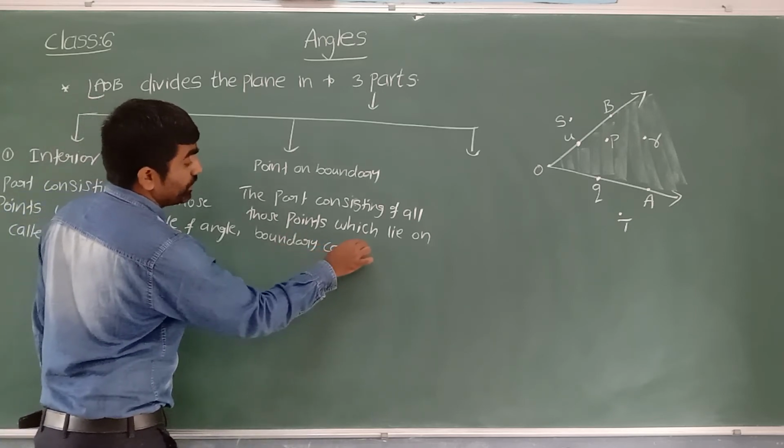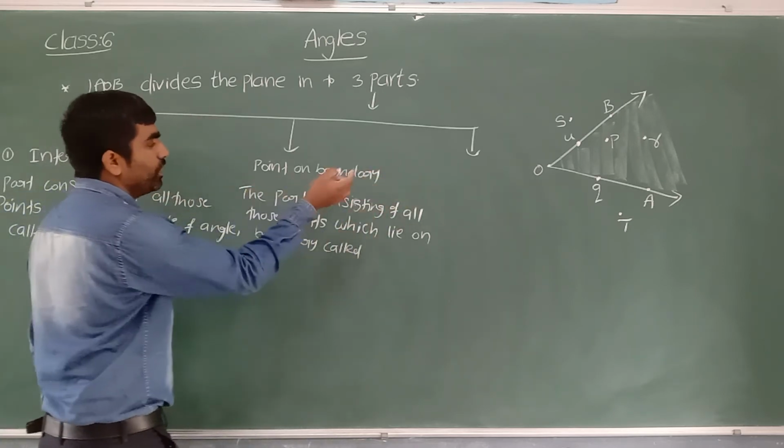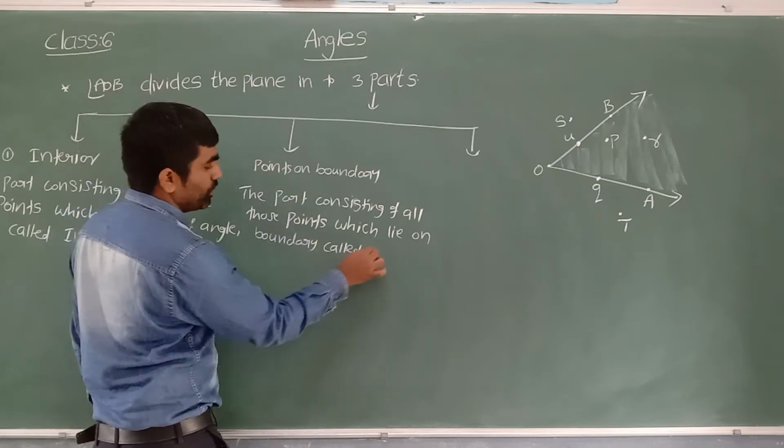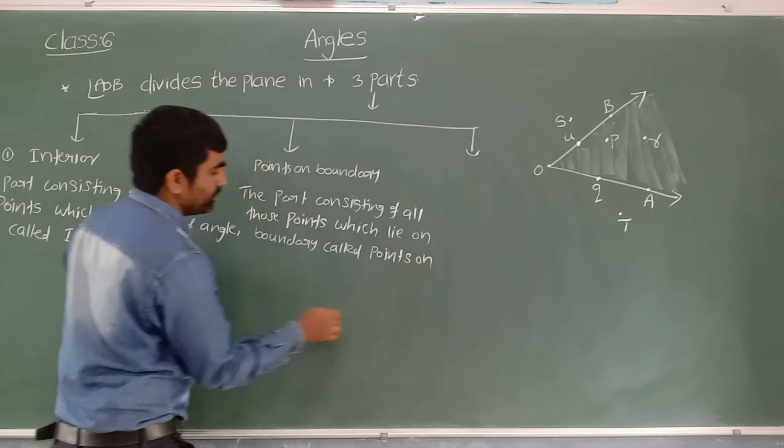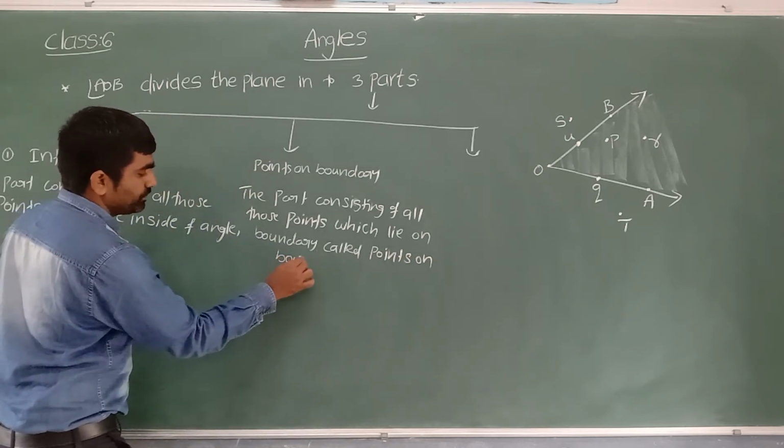What do we call them? Points which are there on the boundary are called points on boundary.